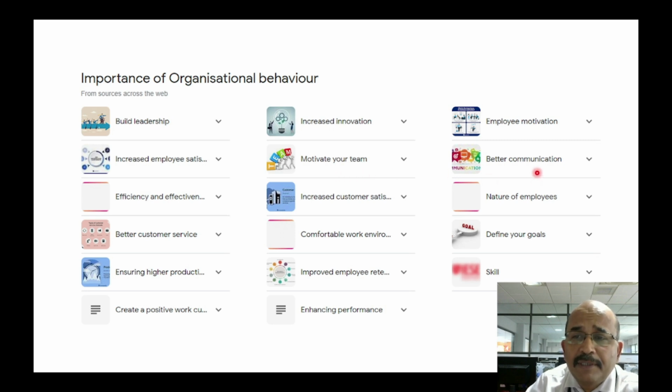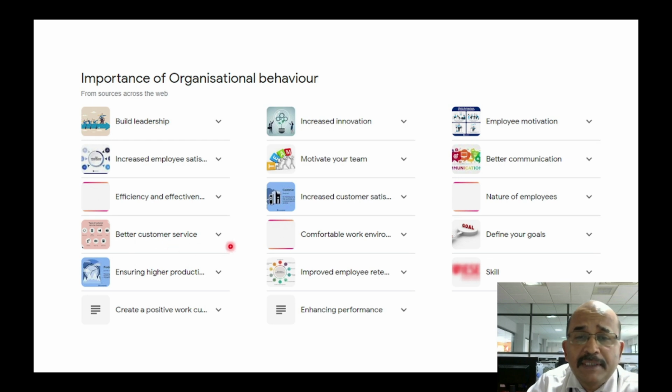And professional communication is for better communication within the organization and outside the organization. Efficiency and effectiveness in the work, increased customer satisfaction, understanding the nature of the employees you are working with, that is for the higher level management.